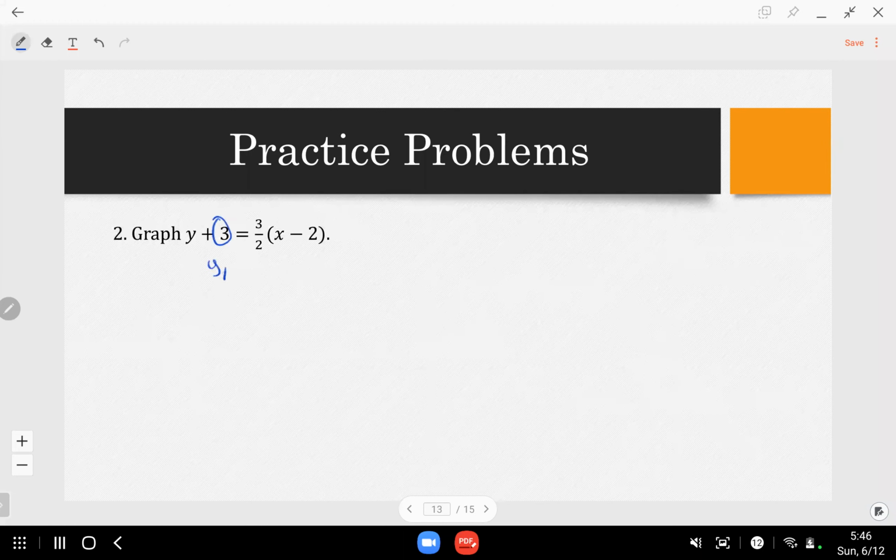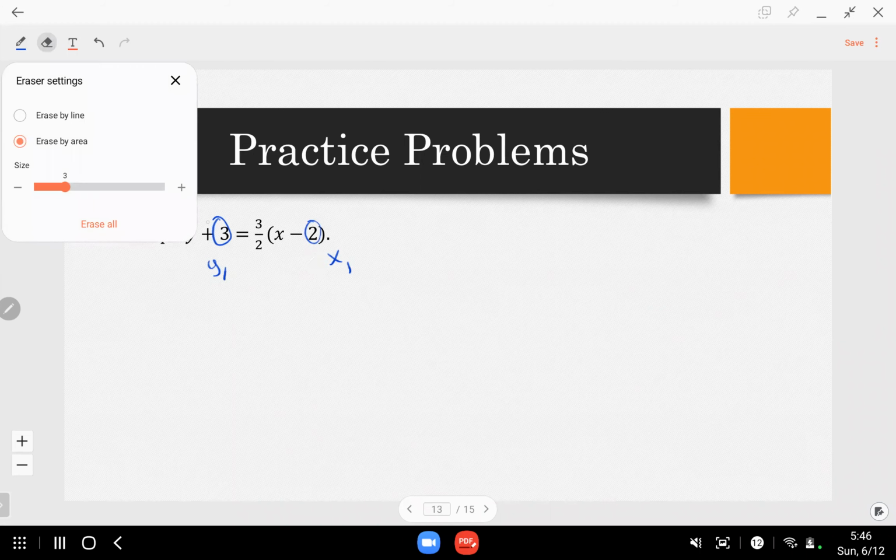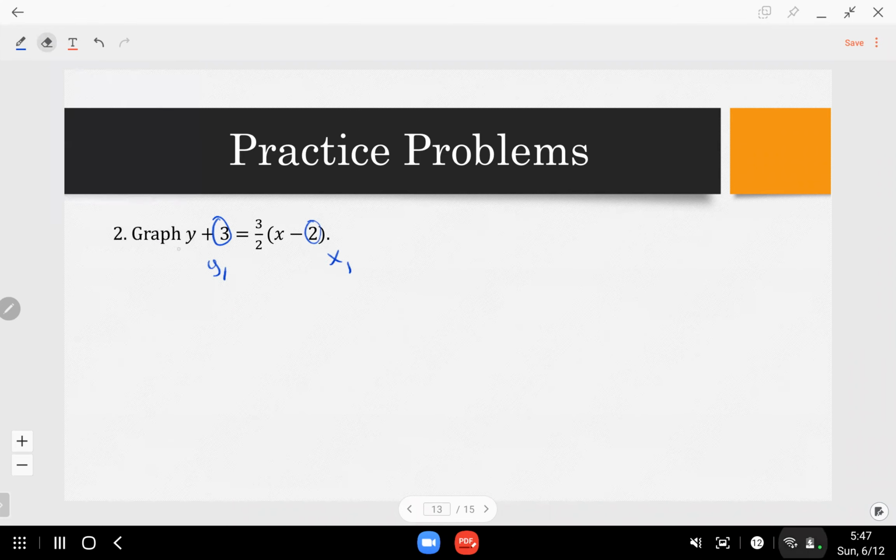This is x1, right? So they're actually substituted for real numbers, right? And then solve the equation. Okay. All right, so let's do the first one. This one, graph it real quick.